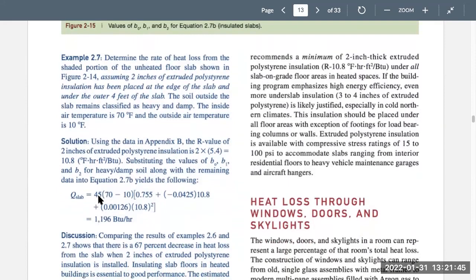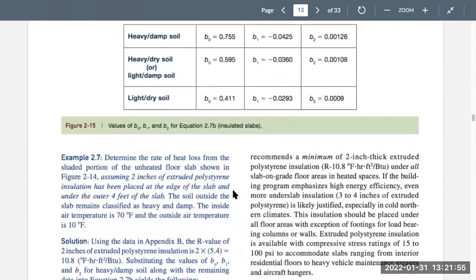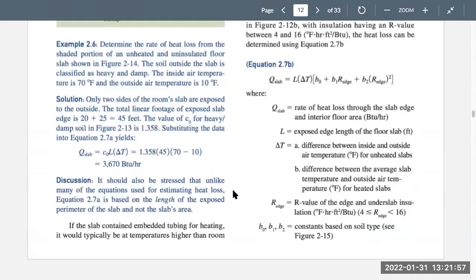So there you can see our slab length, our temperature differential, the first constant plus the second constant times the R edge. You can see right there our edge, which we calculated at 10.8, plus B2 of the R edge of 10.8 there as well.